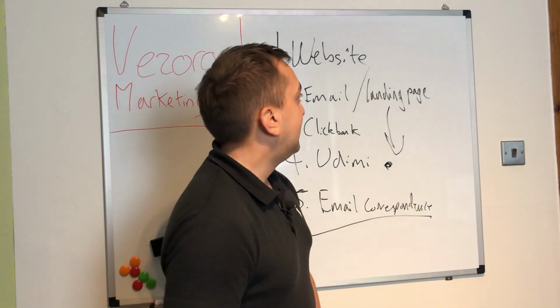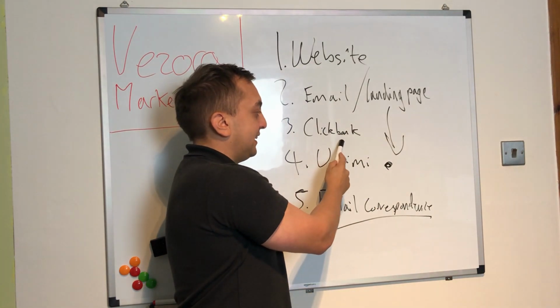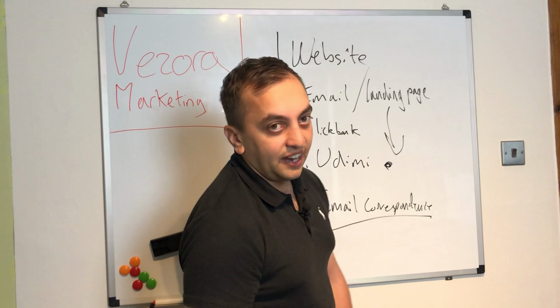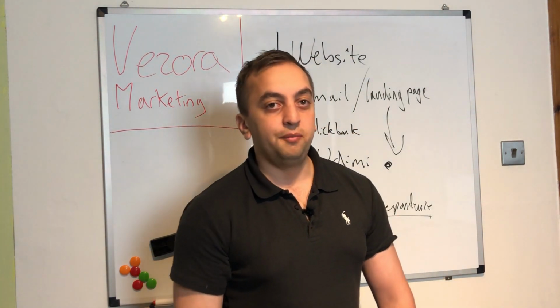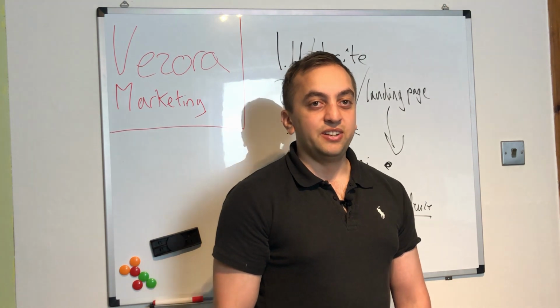So like I said, you're going to need a website, a landing page, Clickbank, Udemy, and email correspondence. Very quickly I'm going to jump on the computer and show you all of these. Alright, I'll see you over there.